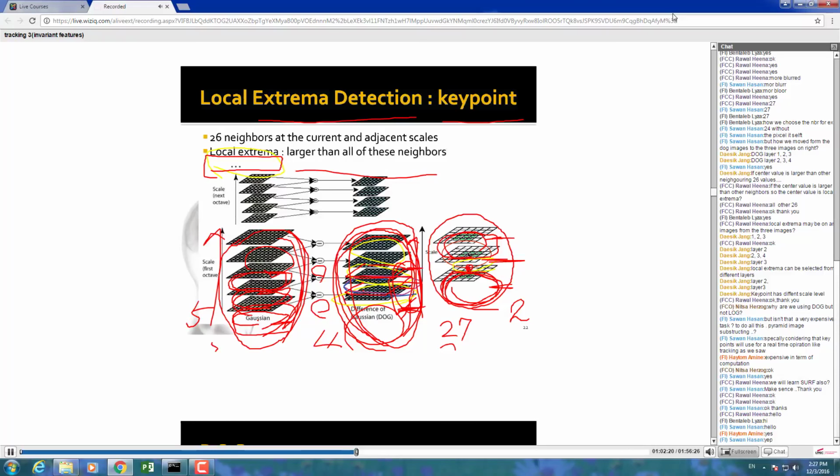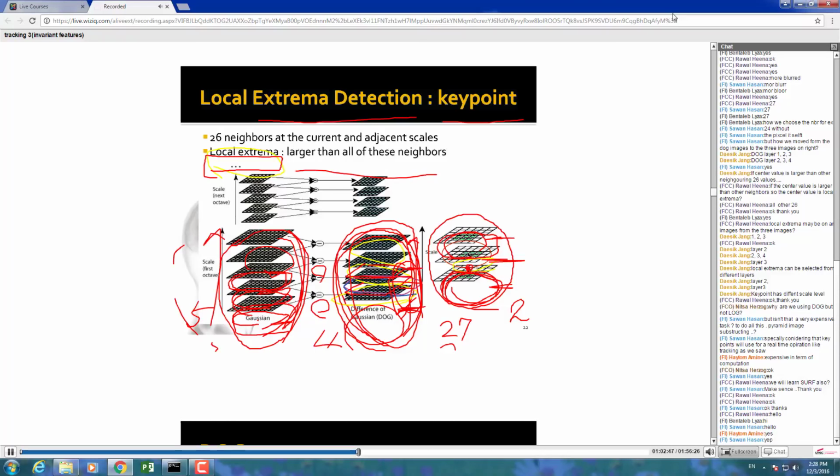Okay, so we have discussed the basic steps for key point detection using the scale space. On top of this basic scale space and DOG, we have one more concept: the octave.